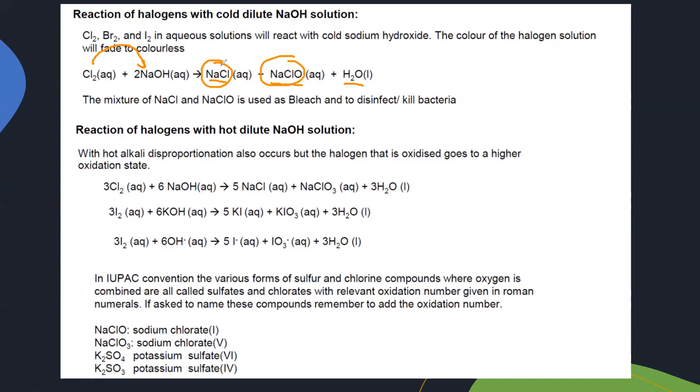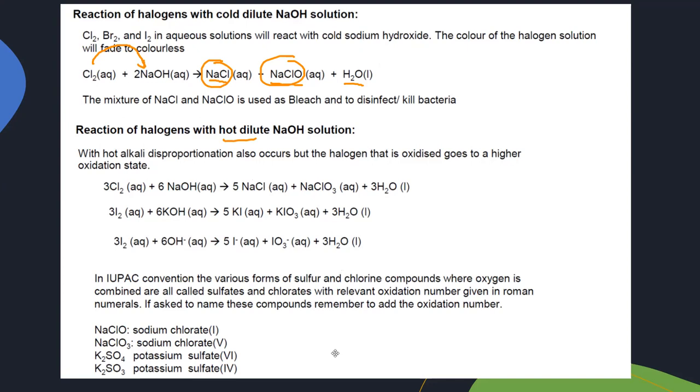And if it is iodine, it is NaI and NaIO. But if it is hot sodium hydroxide, then for chlorine it is NaCl and NaClO3. If bromine is there, NaBr and NaBrO3, and if iodine is there, NaI plus NaIO3. But we have cold, so it will be NaCl plus NaClO.